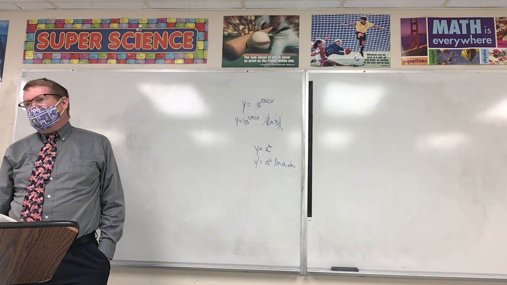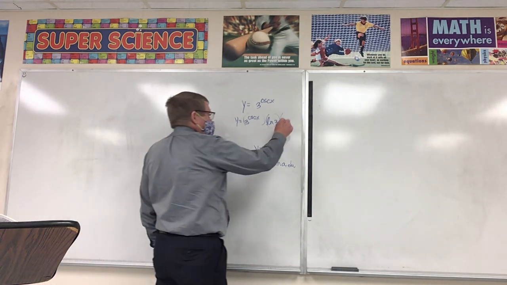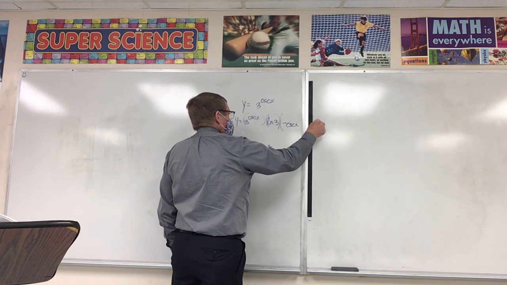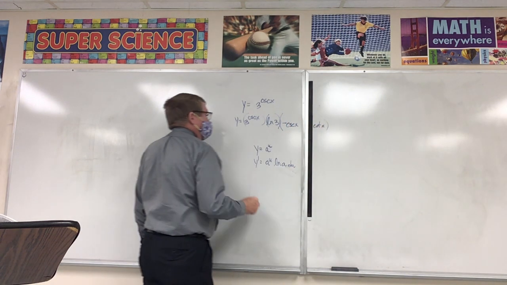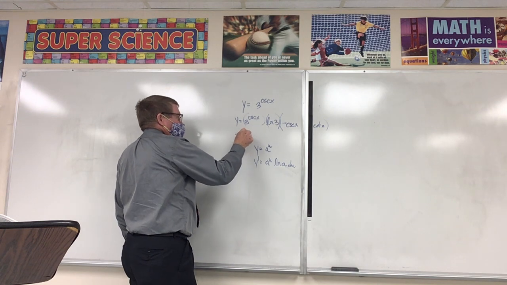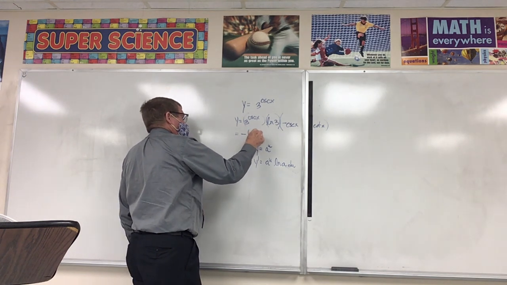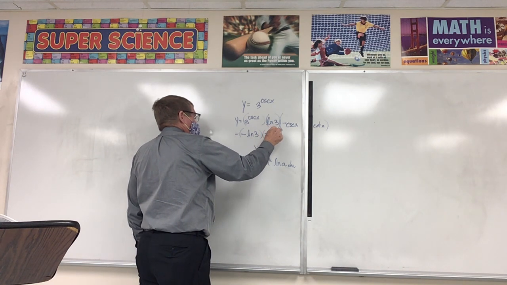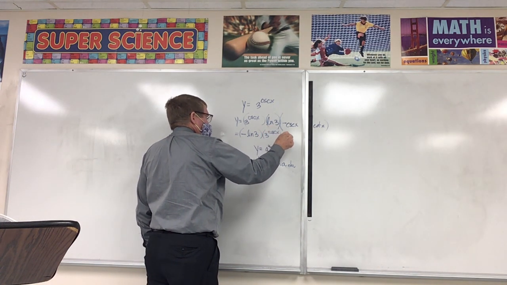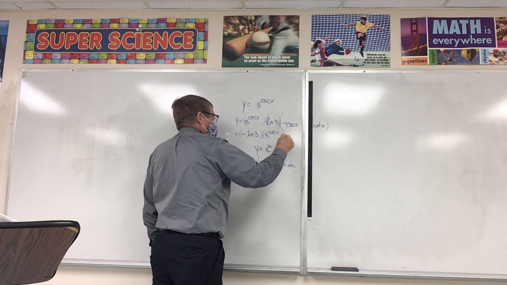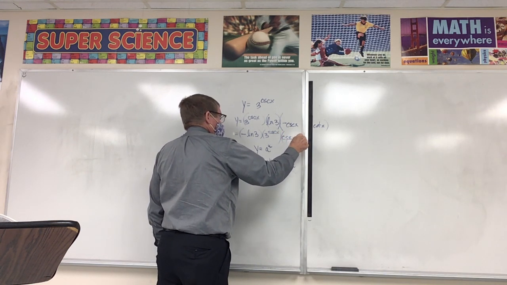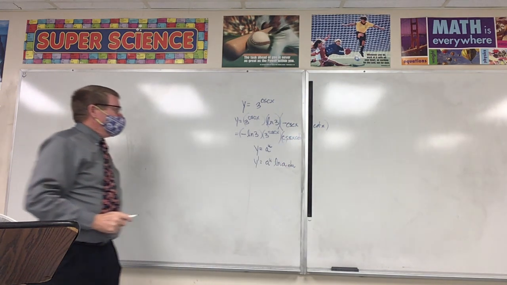It's negative cosecant x cotangent x. So we get negative ln 3 times 3 to the cosecant x times cosecant x cotangent x.